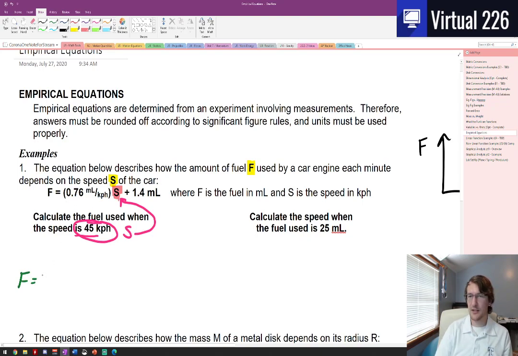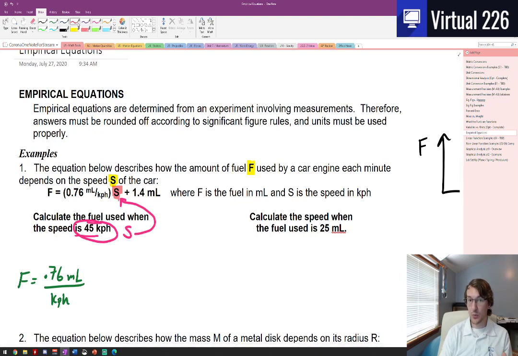This 0.76 is some coefficient in front of things, so 0.76, and I'm going to write this as milliliters per kilometers per hour. If you remember in a previous video when we were talking about dimensional analysis, I don't like to write things with this slash because I find that a lot of people mess things up when they do that. I like to write them over one another.